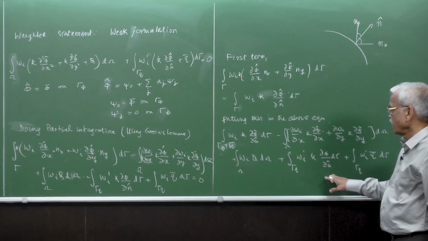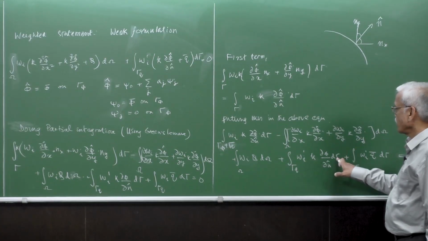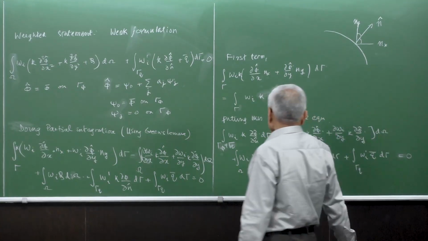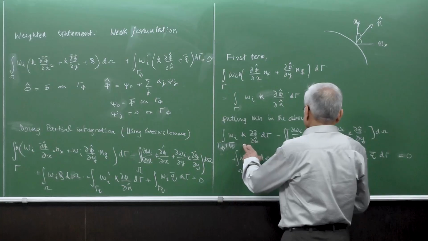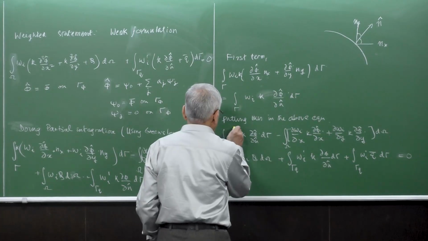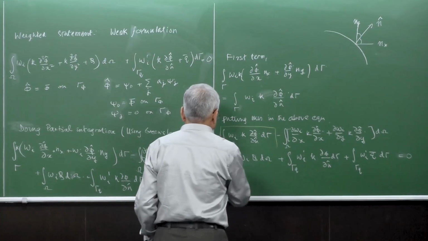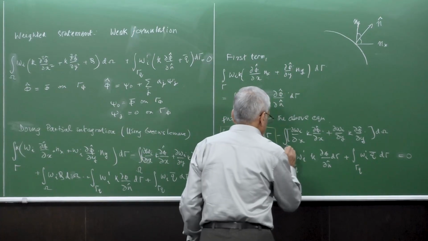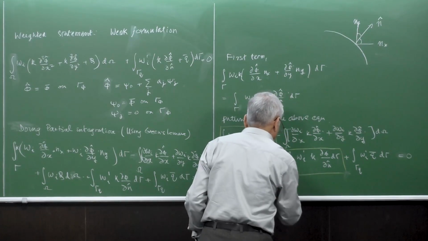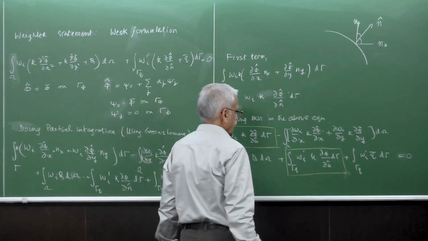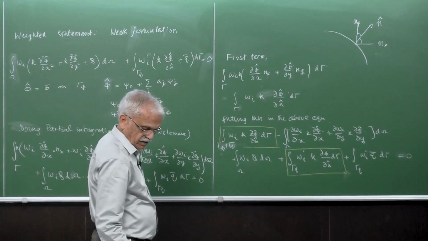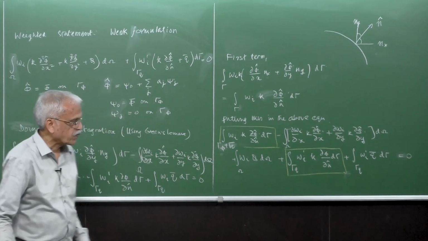Here this term is there, wi prime k dou phi by dou n d gamma. So now you can immediately find out that something can be done. In fact, we can cancel these two, this term here and this term here, which I am marking with this yellow block.